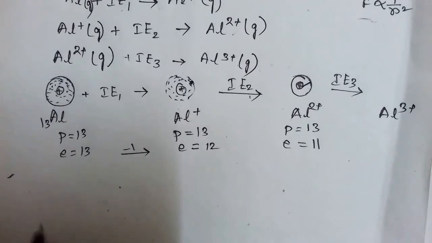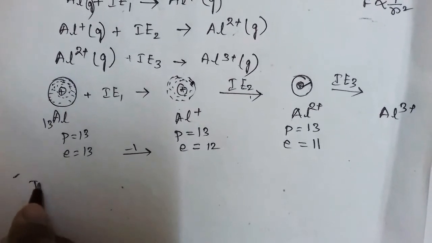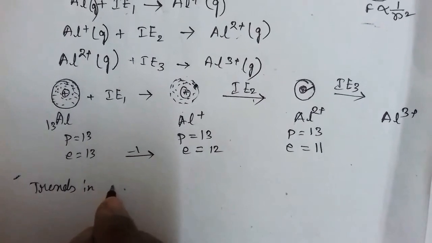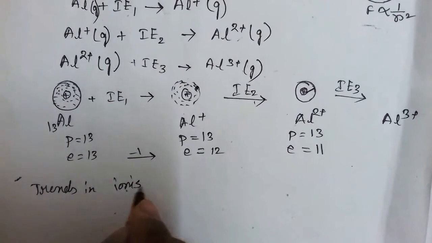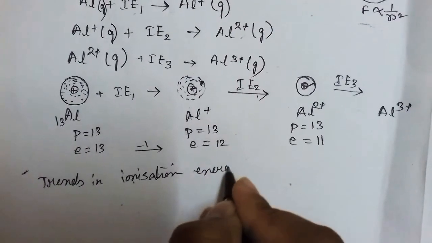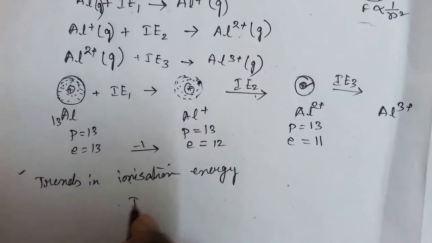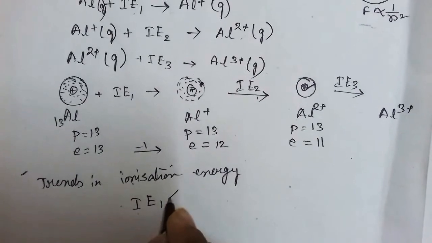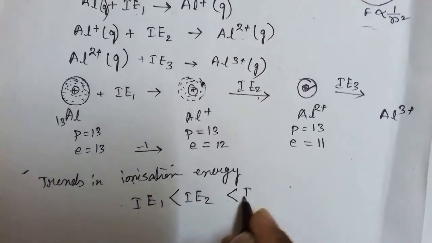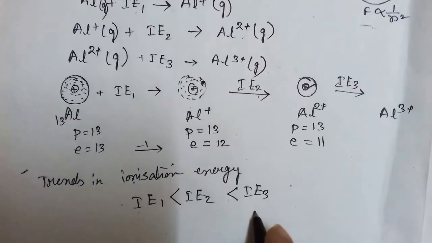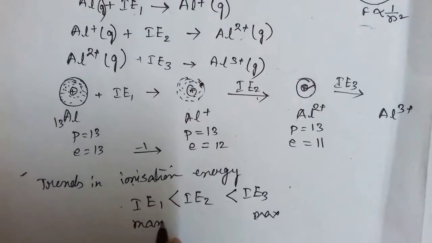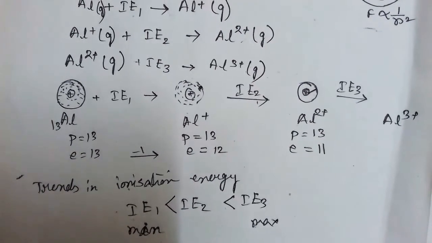So the trend in ionization energy will be IE1 less than IE2 less than IE3. IE3 will be of maximum value and IE1 will be of minimum value.